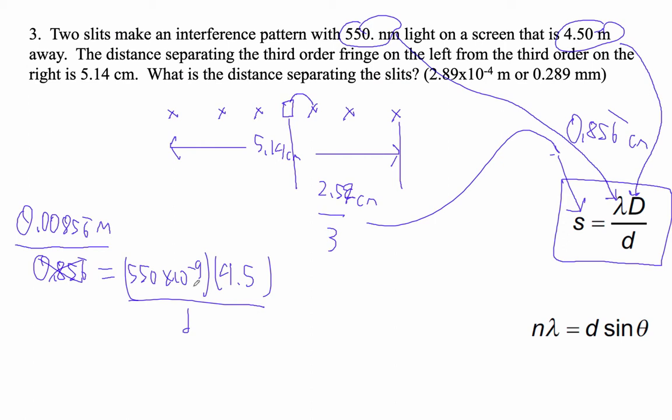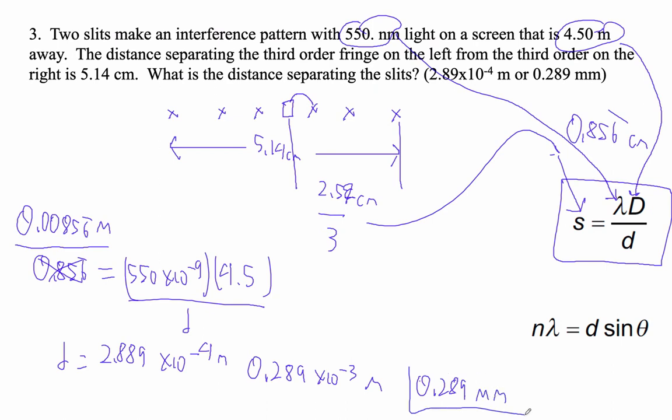And I get that the distance is 2.889 times 10 to the minus 4th meters, which would be 0.289 times 10 to the minus 3rd meters, which would be 0.289 millimeters, because that's the same thing, right? Okay. That works. Obviously, we could also do this with the angle formula.